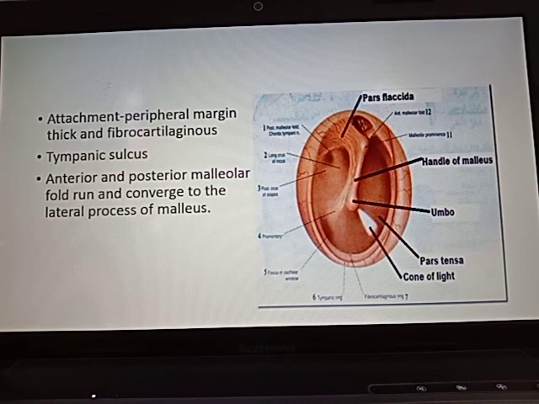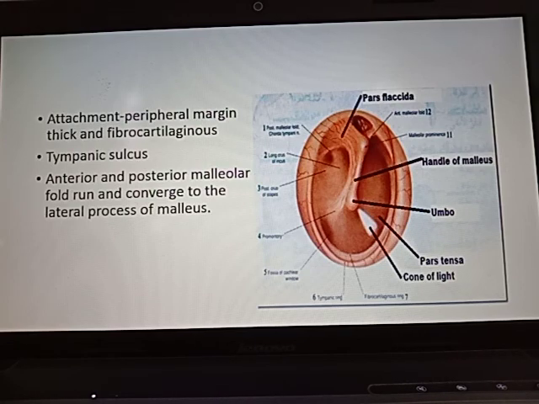Its margin is thick and fibrocartilaginous. It is attached to the tympanic sulcus at the medial end of the external auditory meatus. The tympanic sulcus, where the tympanic membrane is attached, is a depressed part in the periphery of the medial end of the external auditory canal, and the sulcus is deficient in the upper part.